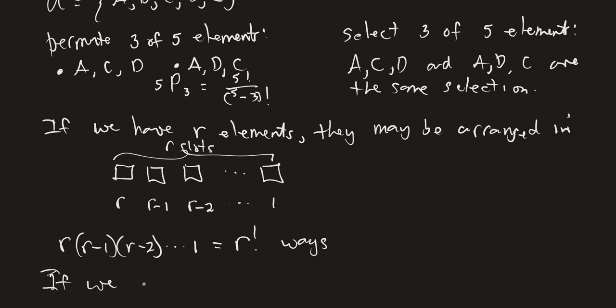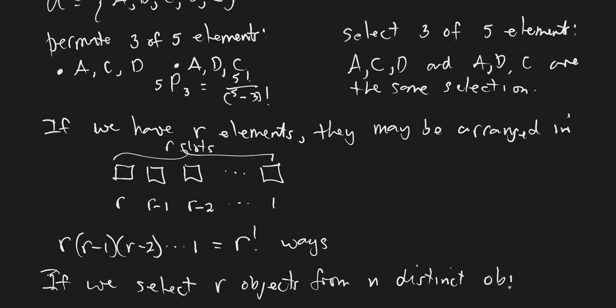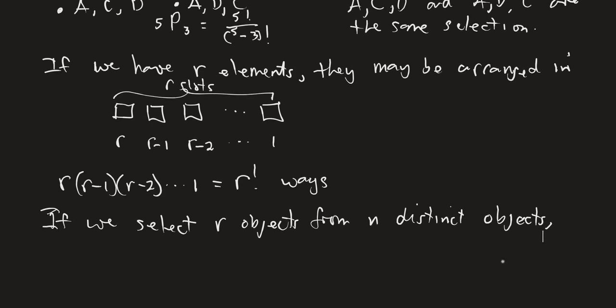If we select R elements or objects from n distinct objects, we've seen this before, there are nPR arrangements possible.